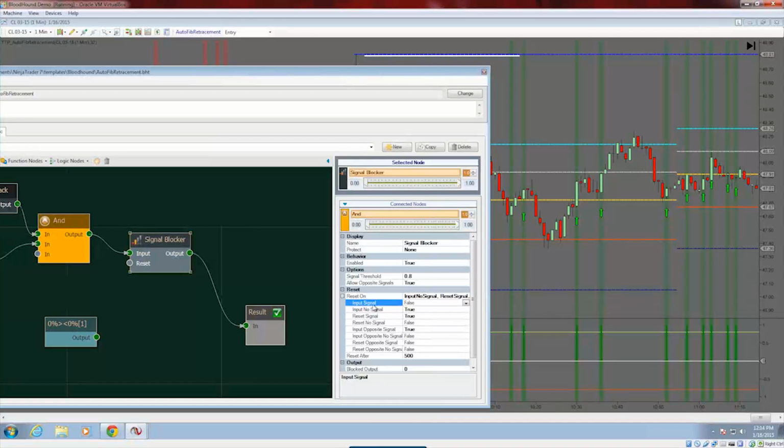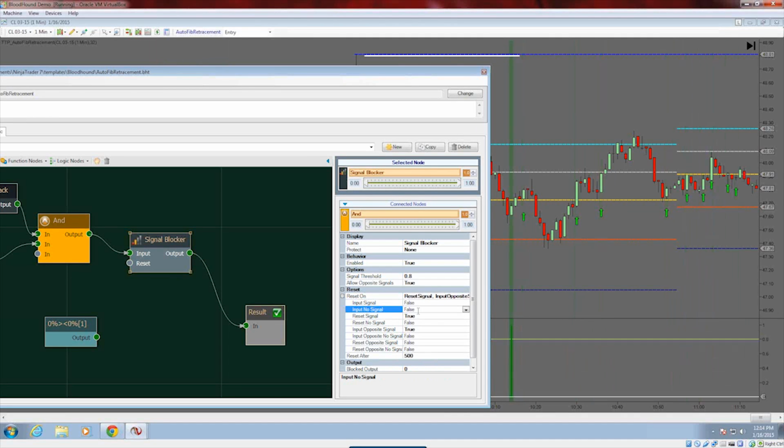We have input signal, input no signal, reset no signal, all the way down to reset after a certain number of bars. Okay, I don't want to reset based on the input at all. So I want to take all of the inputs and change them. This one doesn't really matter, but I'll turn it off.